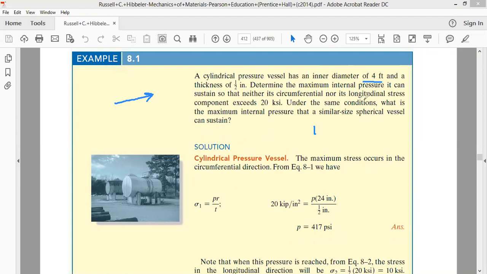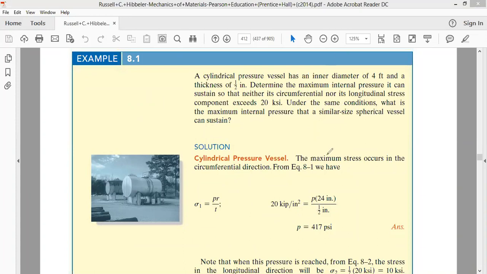Determine the maximum internal pressure it can sustain so that neither its circumferential stress nor its longitudinal stress component exceeds 20 ksi, that is 20 kilopounds per square inch. Under the same conditions, what is the maximum internal pressure that a smaller, similar sized spherical vessel can sustain?